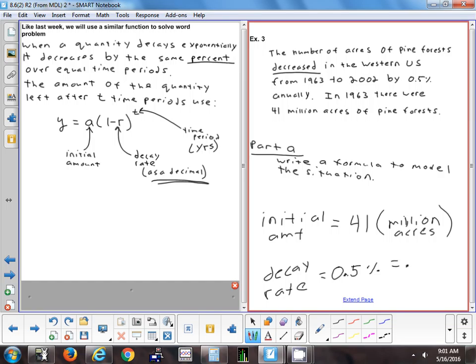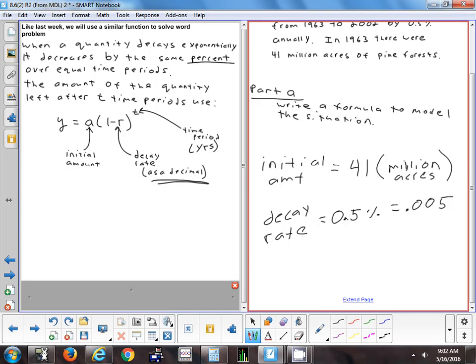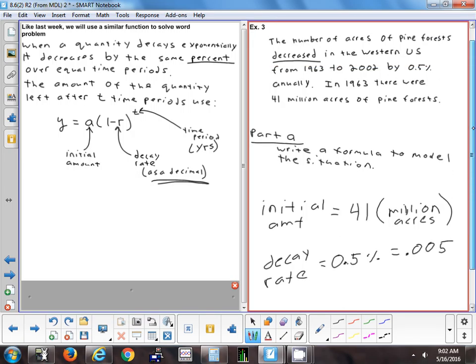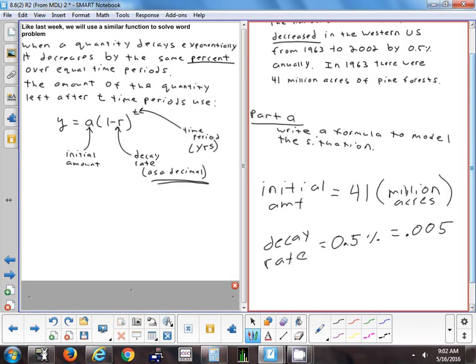No, not 0.05. Yeah, it's 0.005. You might think, boy, that's such a small number, you're not losing that much forest. But if you do it 20, 30, 40, 100, 200 years, it starts to add up. So that's my decay rate. And in this case, we don't have a time. It didn't say find how much of the forest would be left after 30 years. That's what we'll do next.